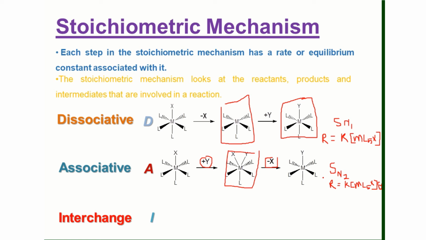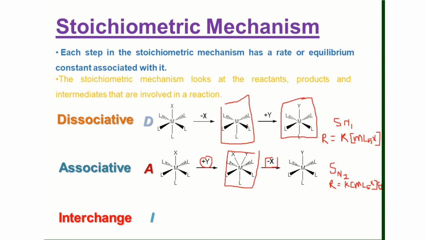So now if you check, it's simple and easier to distinguish between the associative and the dissociative mechanism. Should there be evidence, structural or spectroscopic, that an intermediate has a reduced coordination number, like this one, then we know that we are dealing with the dissociative mechanism.